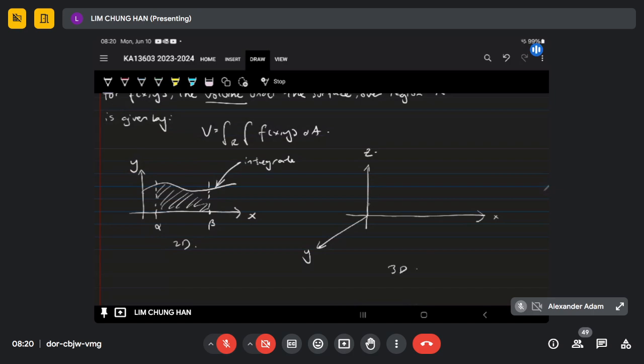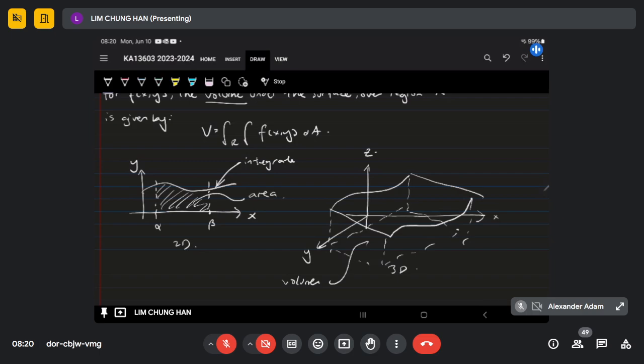This curve becomes a surface. So when you integrate under the surface, you actually get a volume. In 2D, you integrate under a curve, you get area. In 3D, you integrate under the surface, you get a volume.